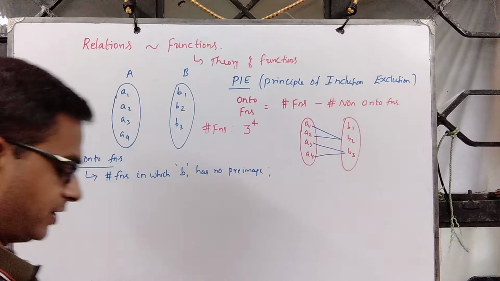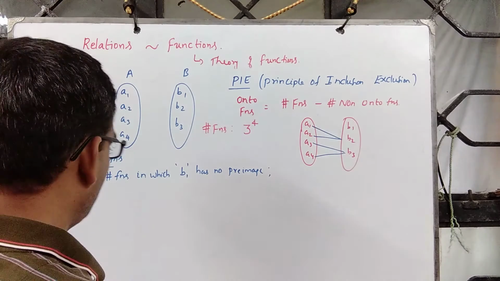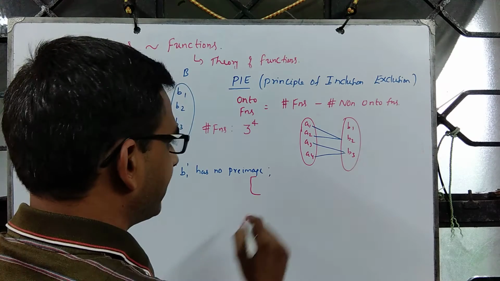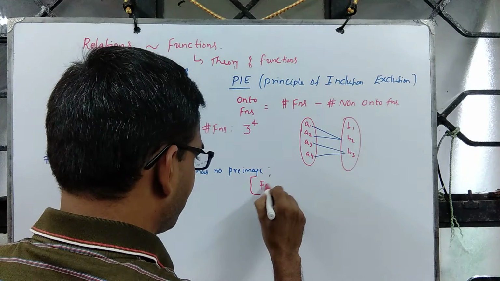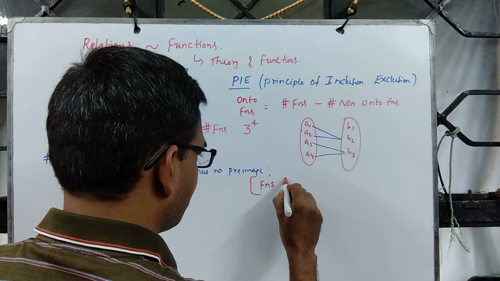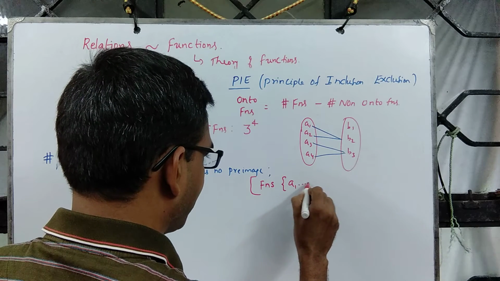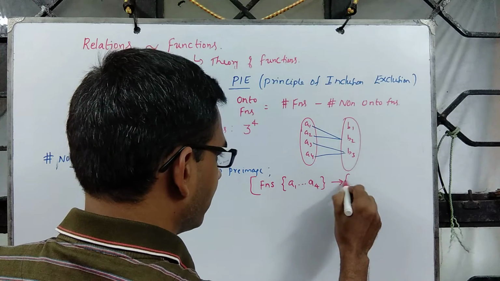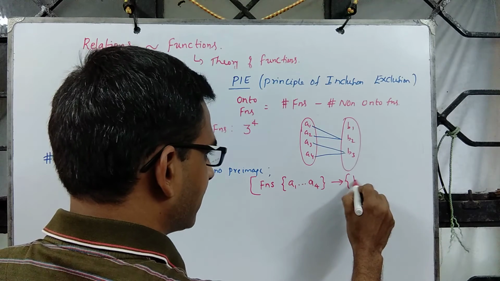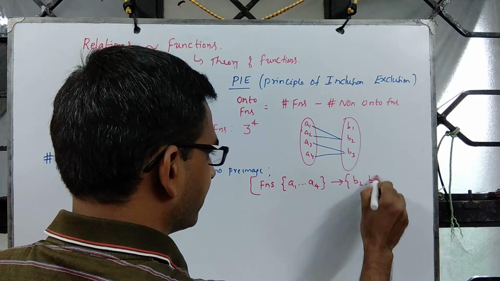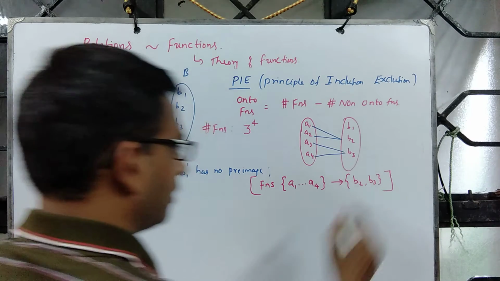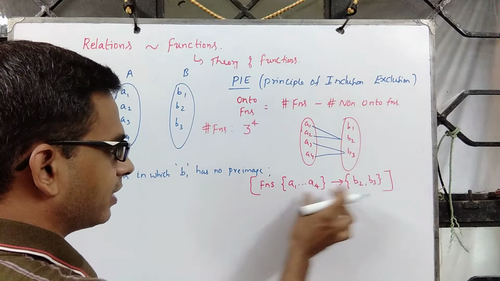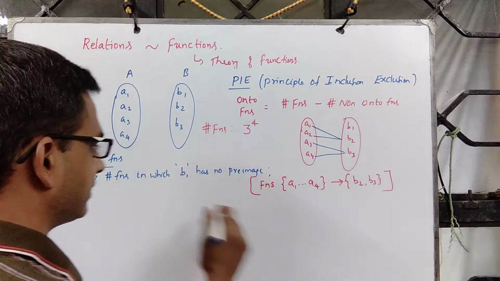So how many such functions are there? Counting this is equivalent to counting what? Number of functions from this set A1 to A4, where B1 is not in the picture at all, then it is B2, B3. Correct? So which means number of functions from a 4 element set to a 2 element set.